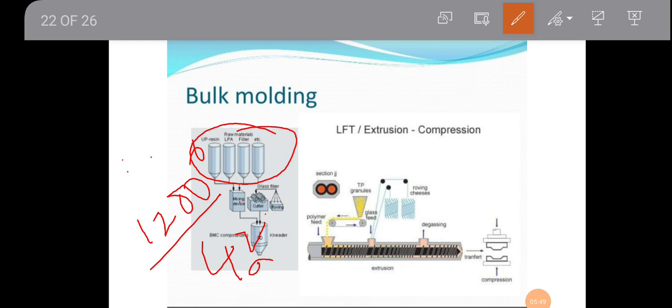Definitely these requirements are needed to get the proper structure of the object: people, product, procedures, process and premises.